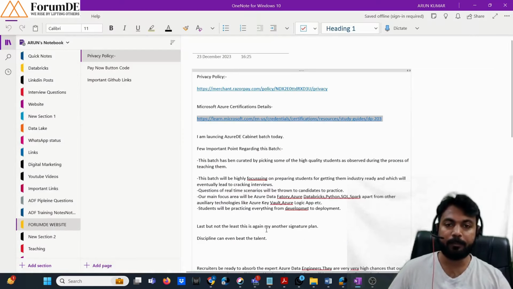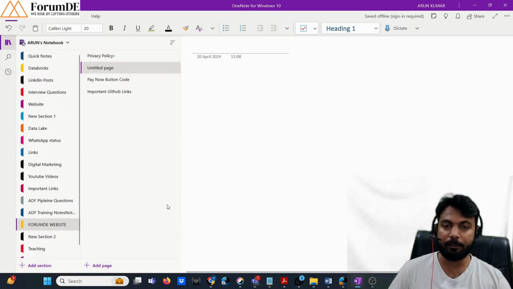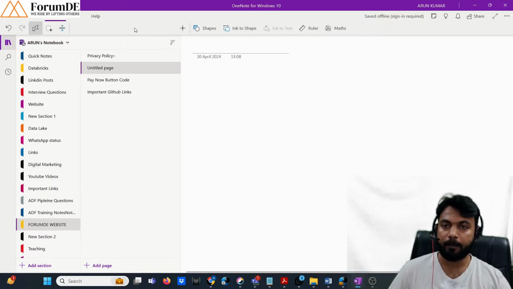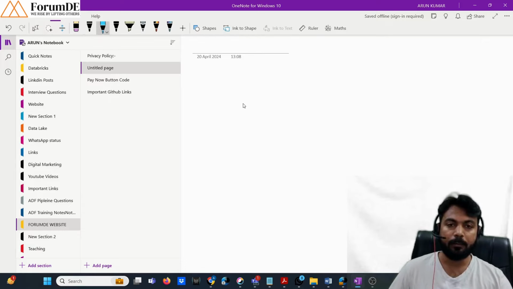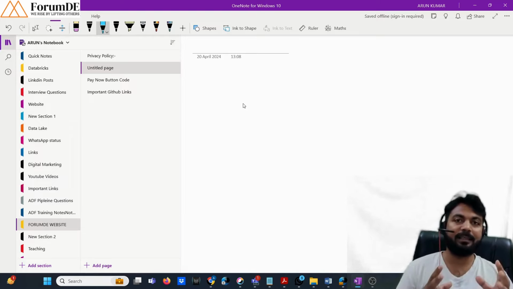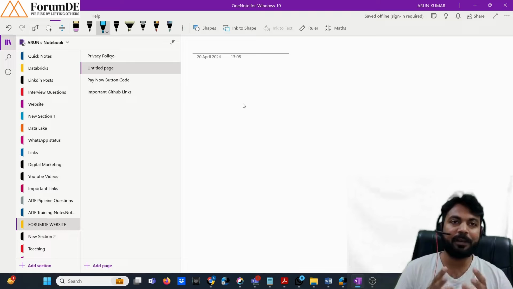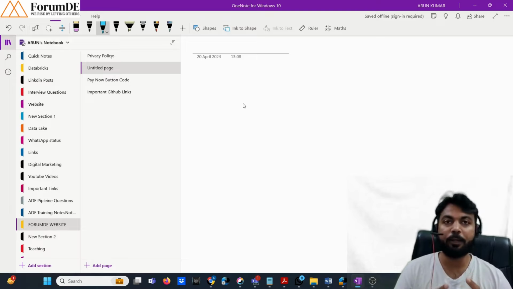Let me open my notepad and let me pull up a pen. Suppose I'm taking this pen, and now I'm taking a simple example. Suppose there is some data stored in your laptop, and it is very critical data.